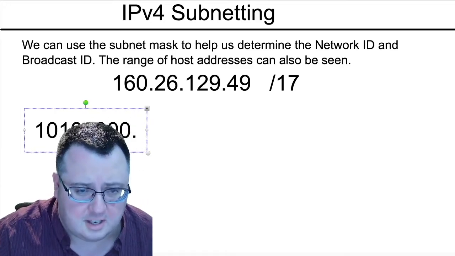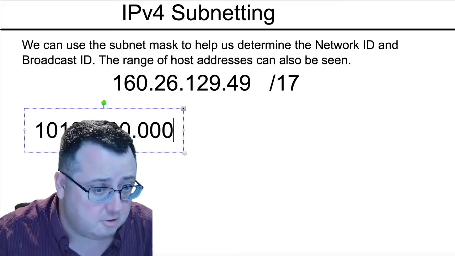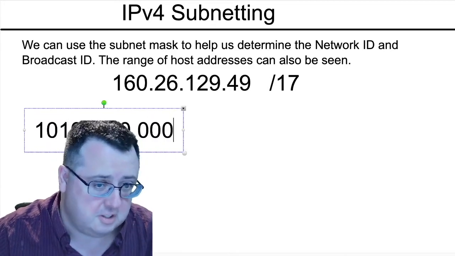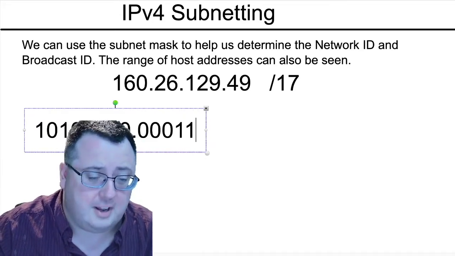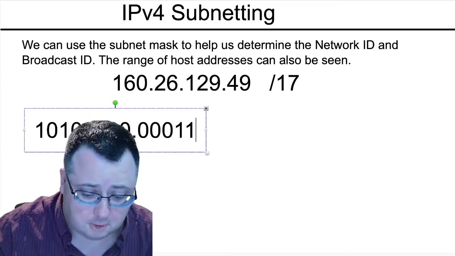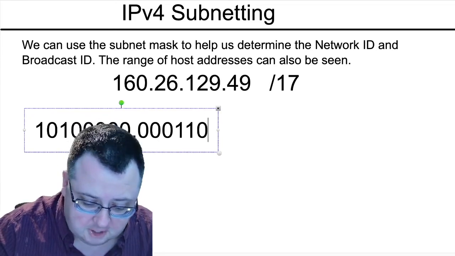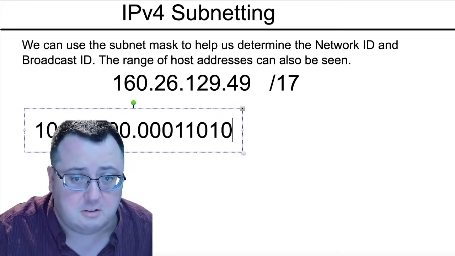Dot 26. So it's going to be 3 zeros because we've not got 128, 64 or 32. We do have 16. We do have 8 because 16 plus 8 is 24. We don't have 4. We do have 2. We don't have 1.